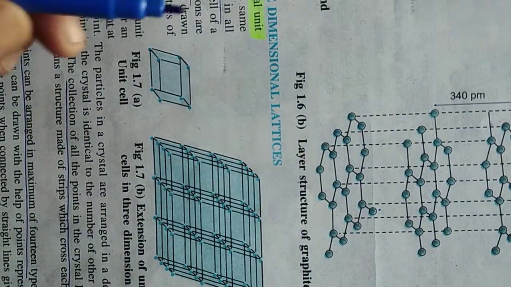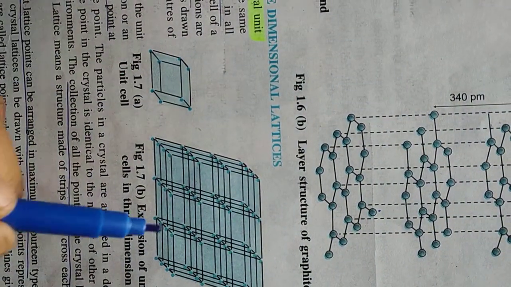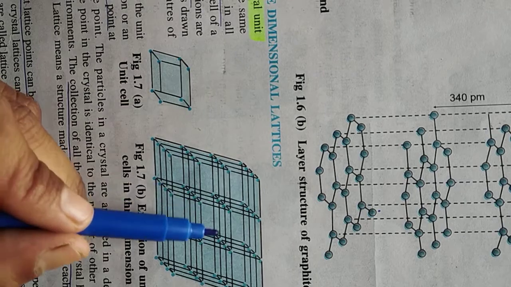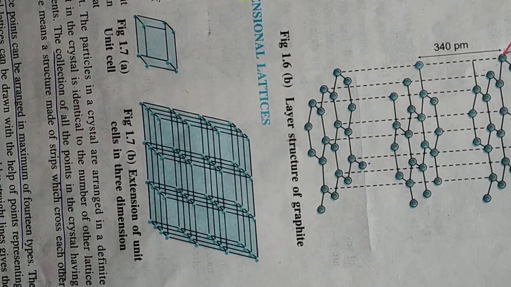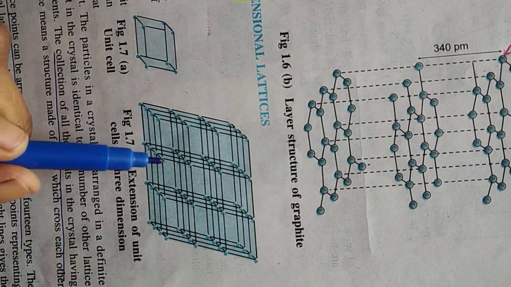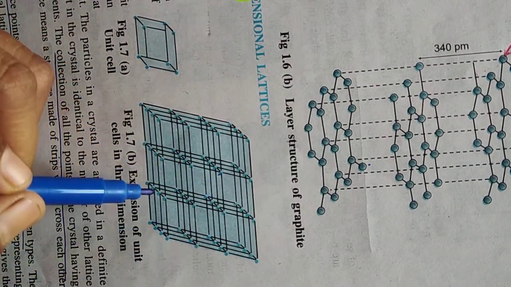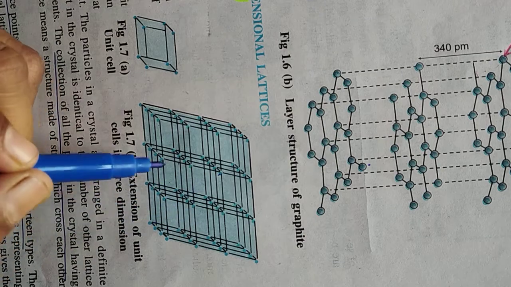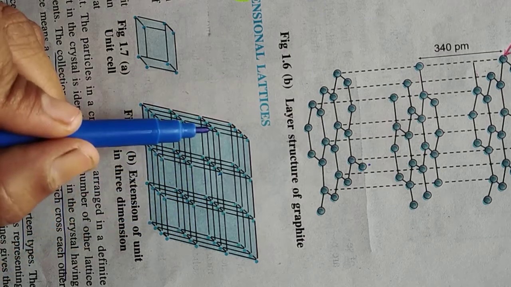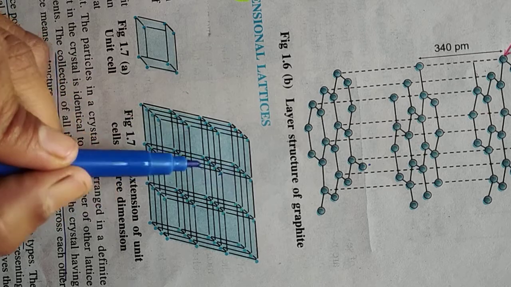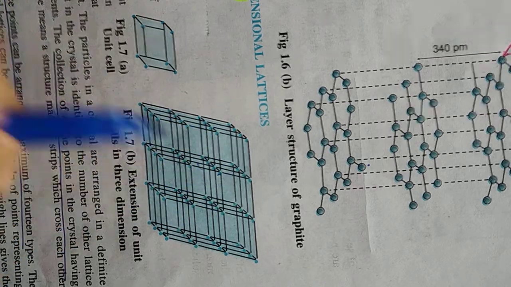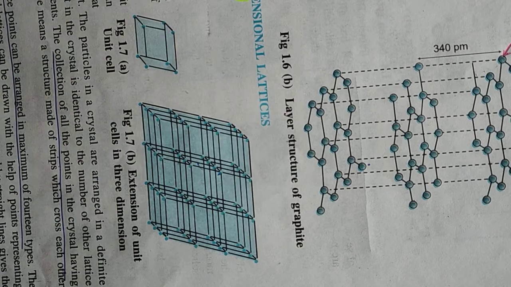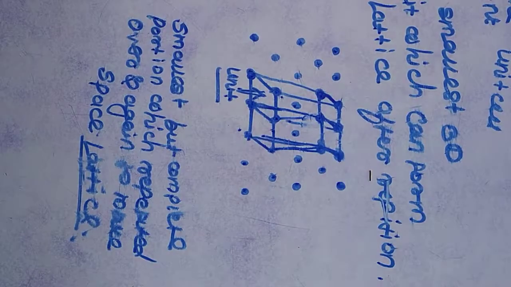That means what? You can see here simply. This is your single unit cell, and this unit cell is arranged in 3 dimensions. You can see here your unit cells are arranged in 3 dimensions, and this arrangement is called a space lattice.